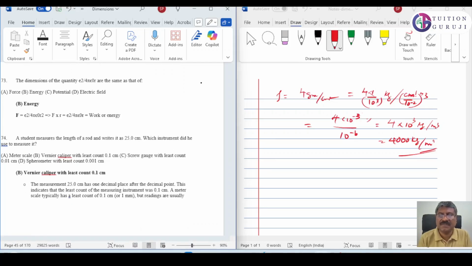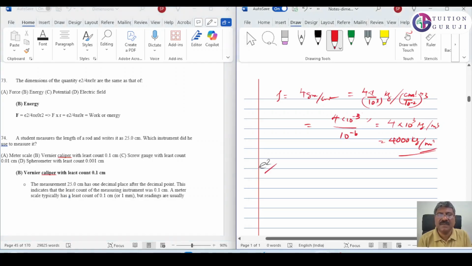Next question is the dimension of e square by 4 pi epsilon 0 r. So we know that F is equal to e square by 4 pi epsilon 0 r square.